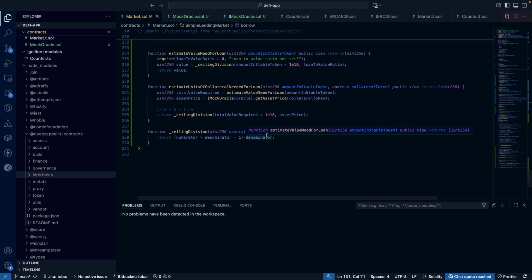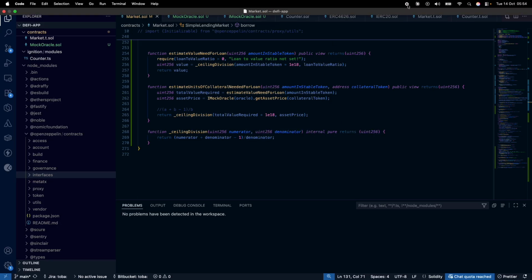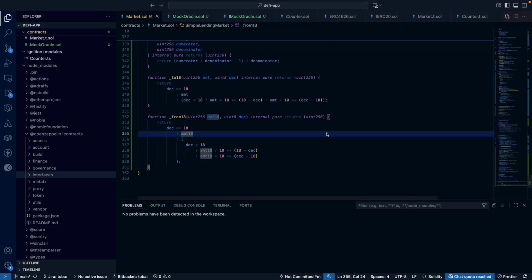Very important. So I'm just going to do a video for that. It'll be the only time where I quickly run through a helper function without breaking it down. What we're dealing with here is we're trying to upscale a number to 18. If the decimals of the token is equal to 18, do nothing.